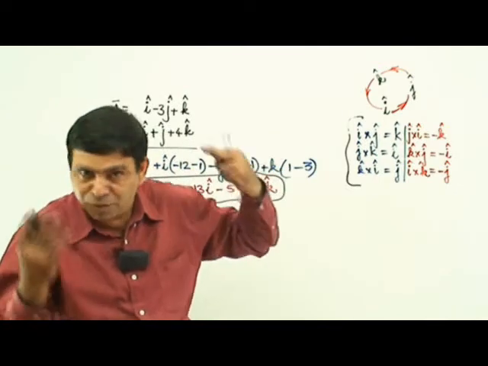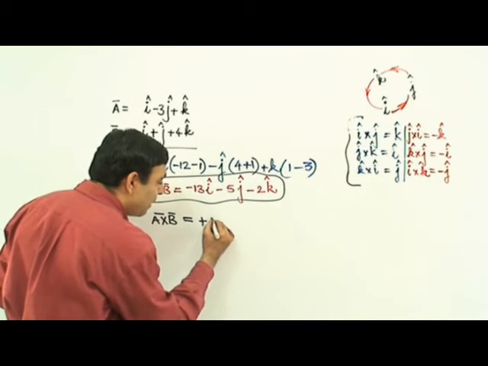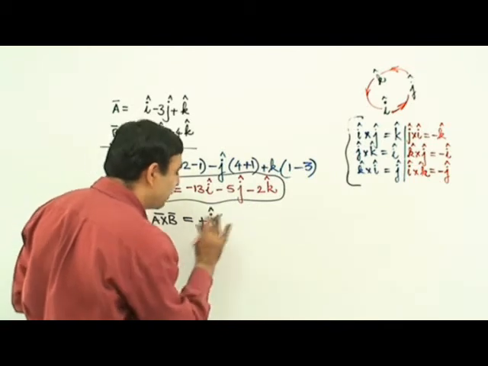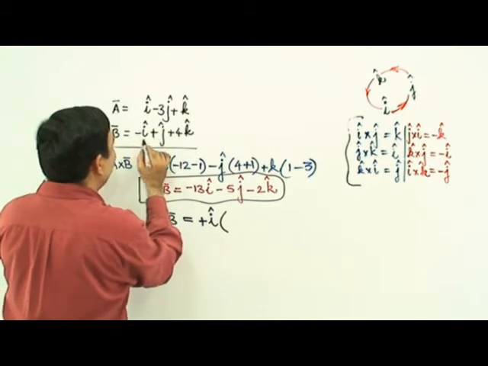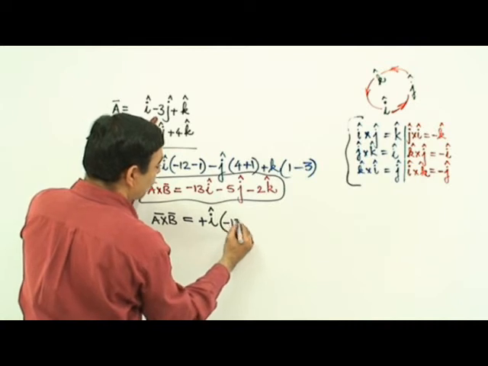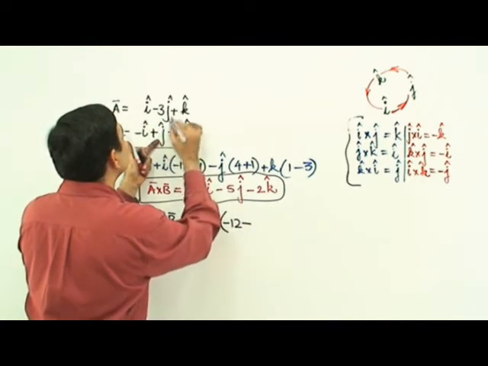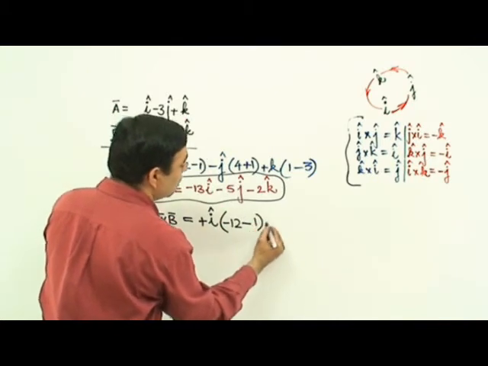This much you can keep in your mind, and then straight away write down plus i, quotient of i, you forget about this, so this into this, minus 3 into 4, minus 12, minus this into this, 1, quotient of j is 1, 1 into 1 is 1, minus j.